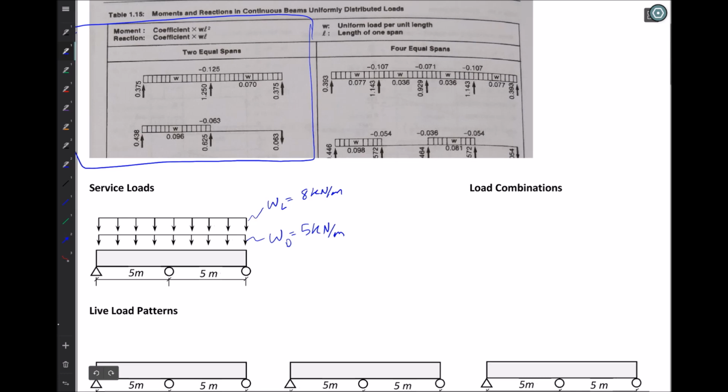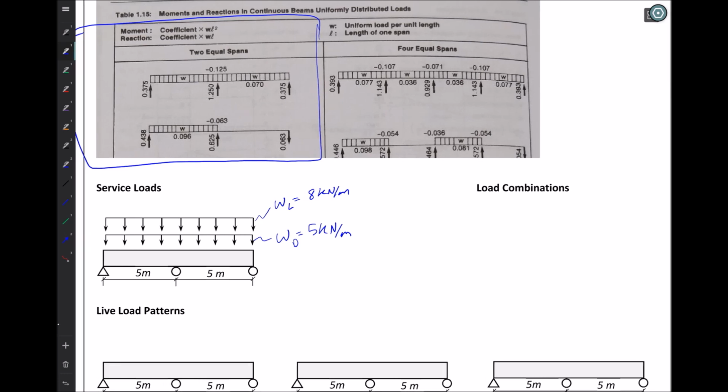But of course, this isn't the end of the story, because if we go to the National Building Code or to the table within the Concrete Handbook within the A23.3 standard, we see that we need to combine those loads using load combinations. So we can say from our load combinations, we could get load combination 1, which would be our factored load, equal to 1.4 times our dead load.